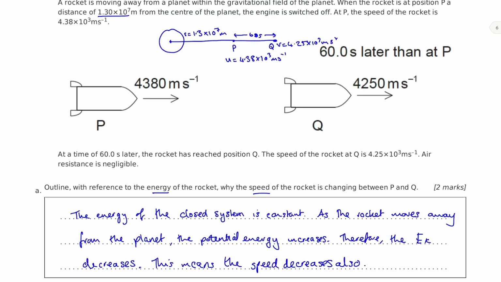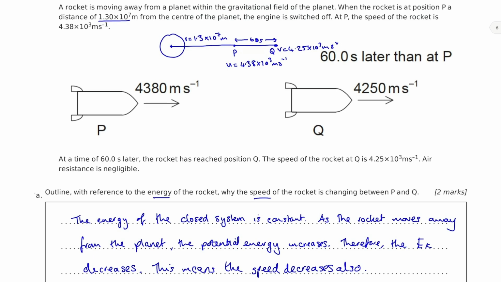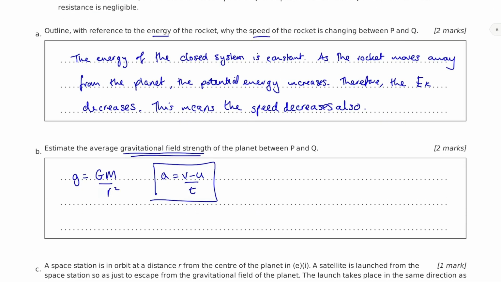We had all the values earlier, didn't we? 4.38, 4.25, 60. That's v. Oh, wait a minute. I've done that round the wrong way.